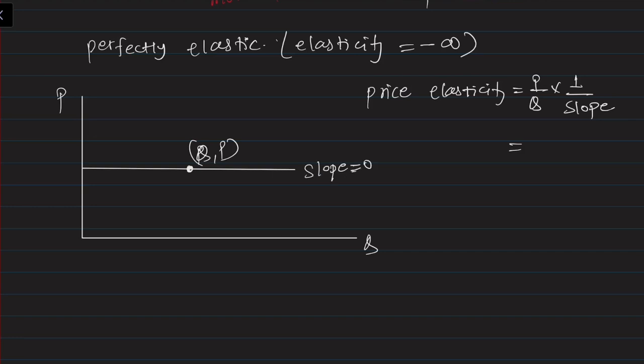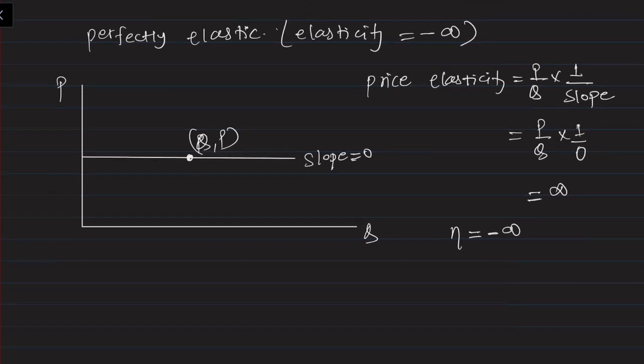Because this is parallel to the horizontal axis. So p over q times 1 over 0. Now what is 1 over 0? This is infinity, right? So we get elasticity is equal to negative infinity. Why negative? Because the elasticity of demand is always negative. Okay, so this is one extreme case.